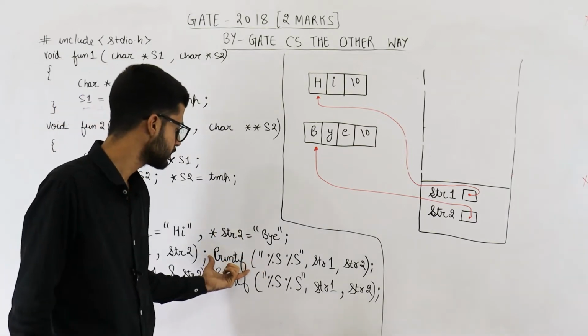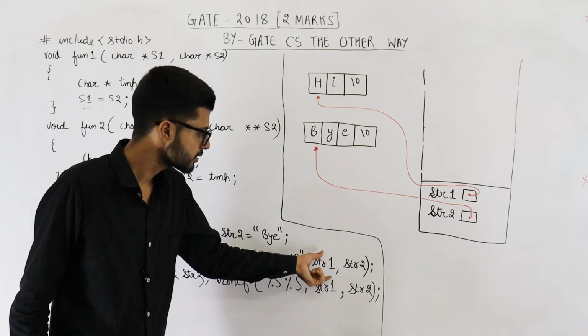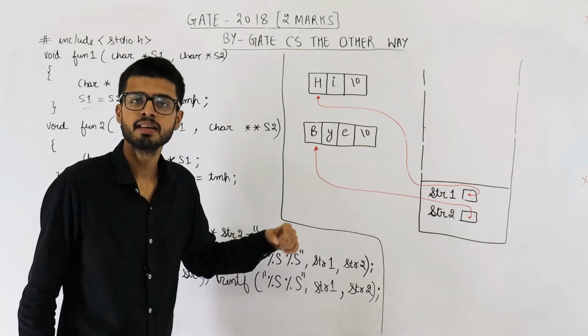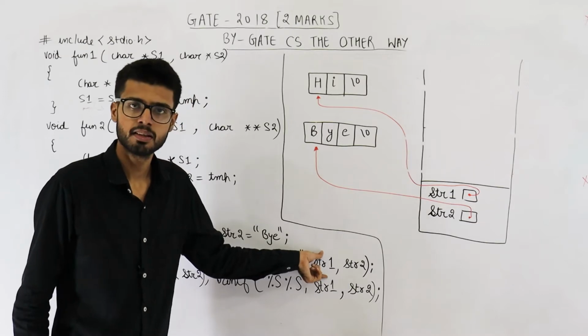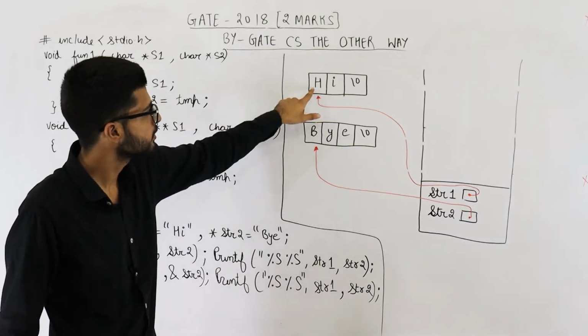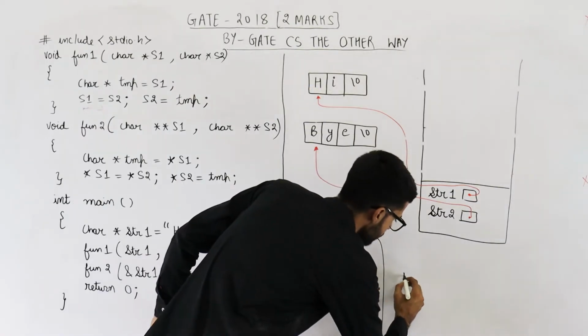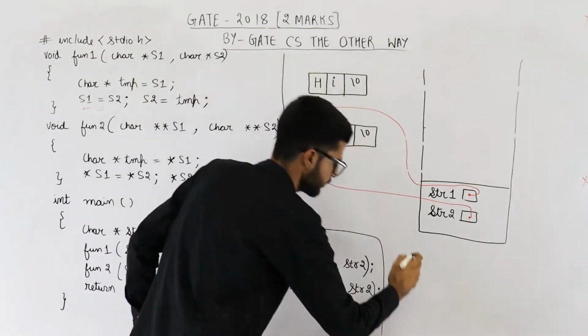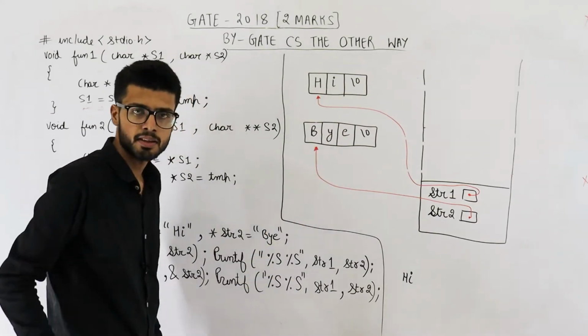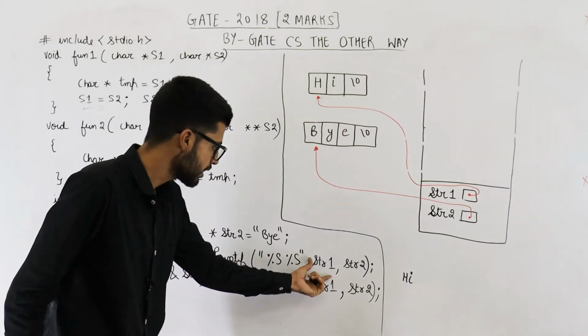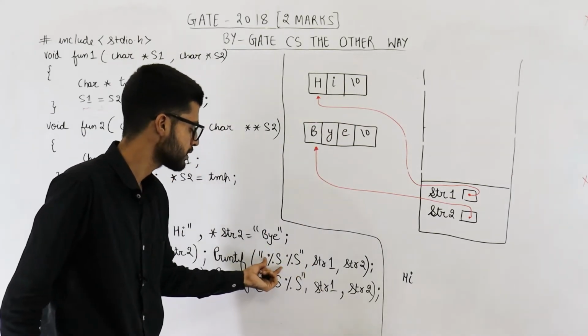Now this printf function will assume that starting from this address, there is a string present. Okay. So whatever is pointed to by this address, start printing it. It is h. Then the next character is i. Then the null character. That means the string has ended. Okay. So str1 is printed for this %s.